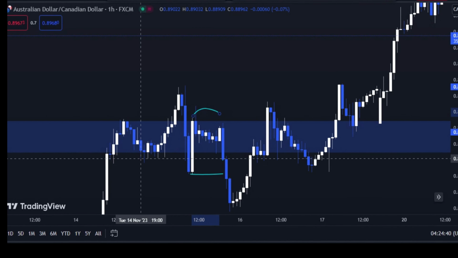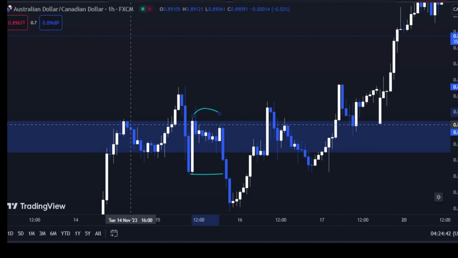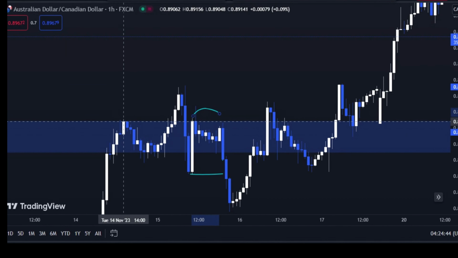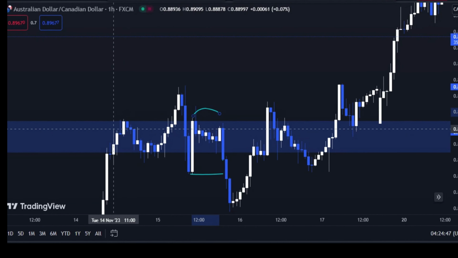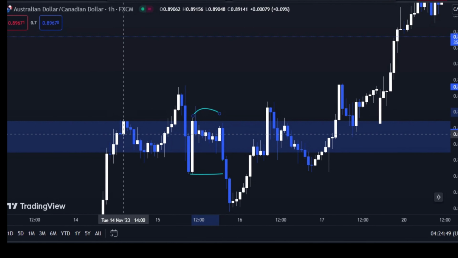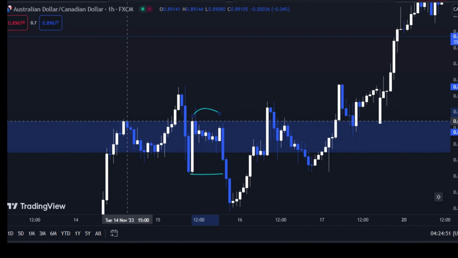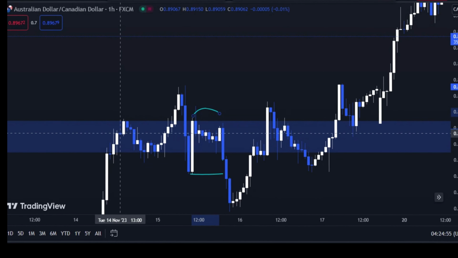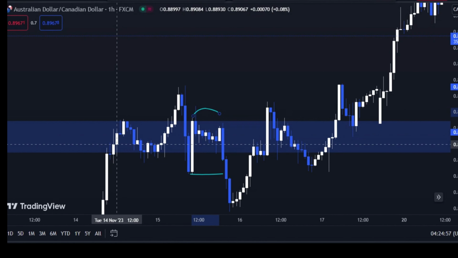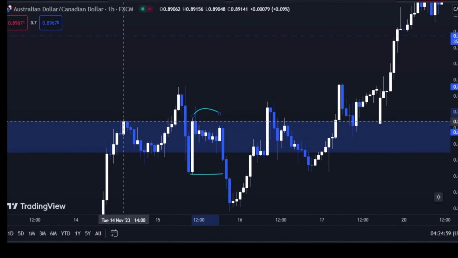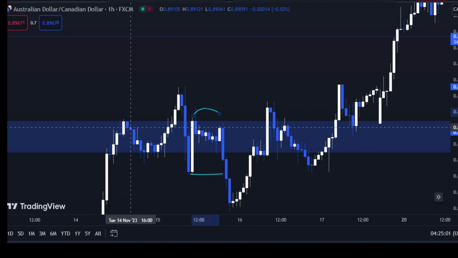So we will look at this other example here. What we have here is price was pushing up. The last candle high here was this white candle, so it had the highest high in this range.